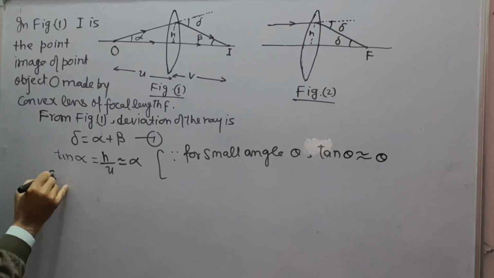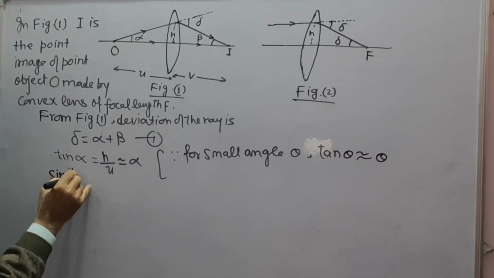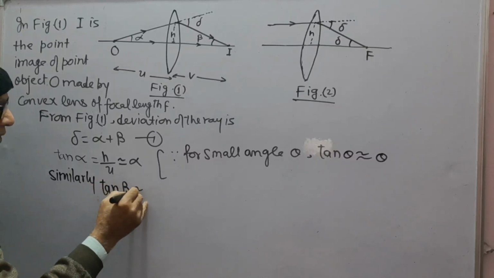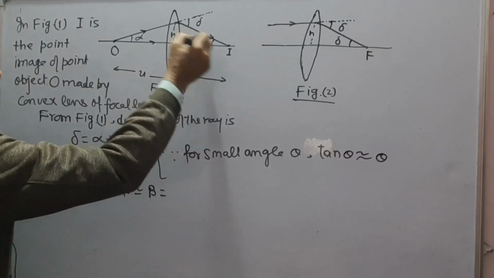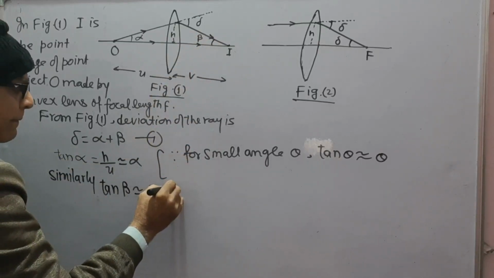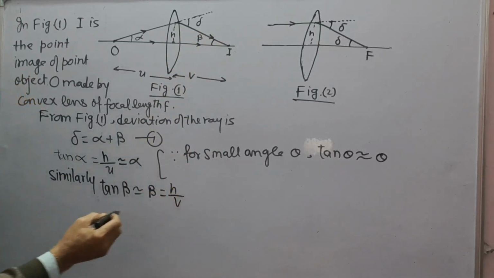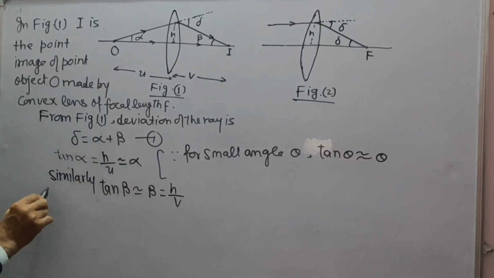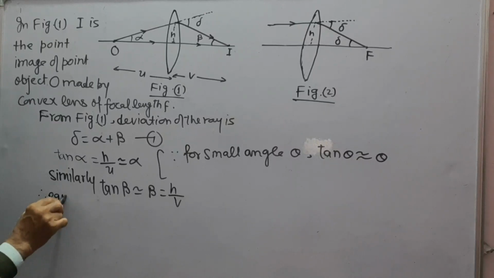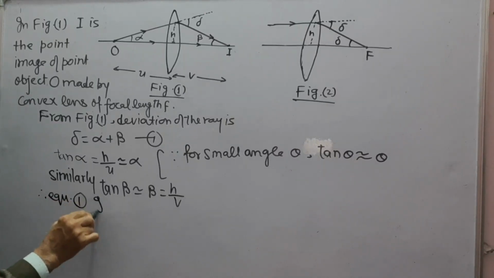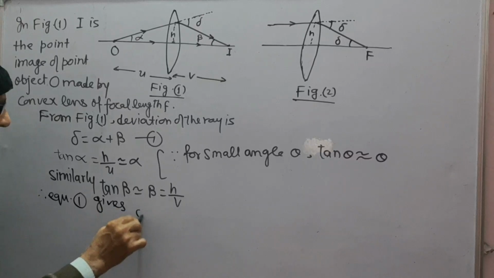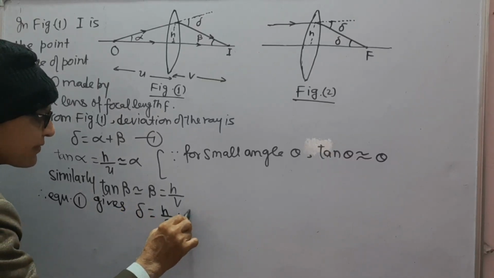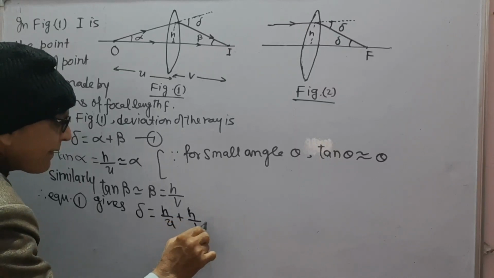Similarly, tan beta will be nearly equal to beta is equal to h upon v. Therefore, equation 1 gives delta is equal to h upon u plus h upon v, equation 2.